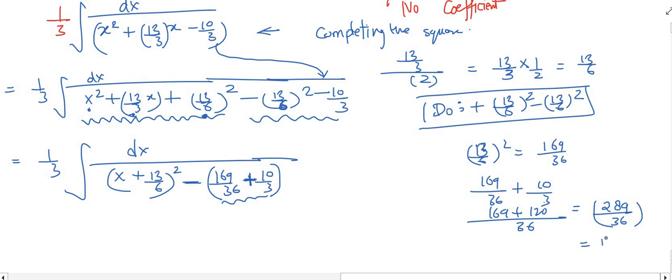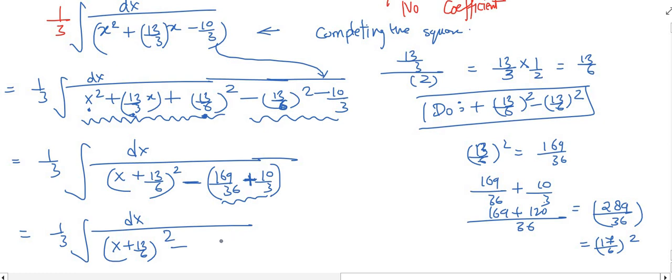And I know this is nothing but 17 by 6 square. 289 is 17 square. Remember that. You should remember small squares. So 1 by 3, dx by (x plus 13 by 6) square minus (17 by 6) square. Correct? I just solved it here.